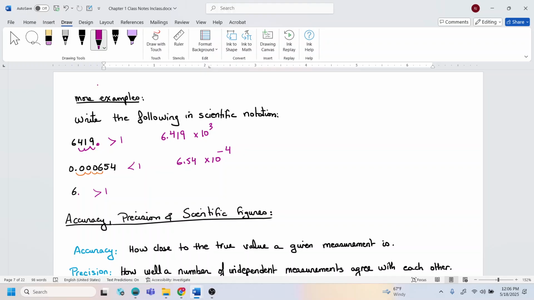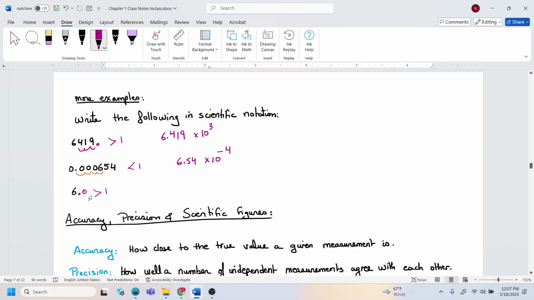This is 6, right? So it's going to be 6.0 in there. There is nothing to move, and I want to represent the 6 with sig figs. To represent it in scientific notation, it needs to be a number that starts with the first non-zero digit, then you have a decimal after that, and it needs to be times 10 to a power.